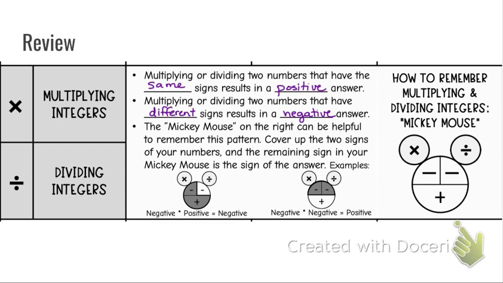So if you copied down Mickey Mouse and then you covered up what you have, then what's left is what the answer is. So, for example, if I had -3 times +5, a negative and a positive is going to equal -15.